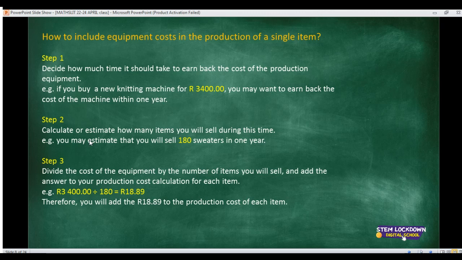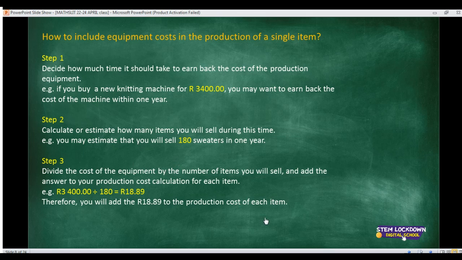You're able to do that because you've got prior historical data either from other businesses or how you plan on doing your business realistically. So you'll estimate probably that you want to sell 180 sweaters in 1 year. So you bought the machine for 3,400 rands, and you think you will sell about 180 sweaters in that 1 year.